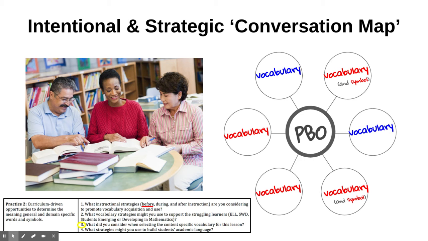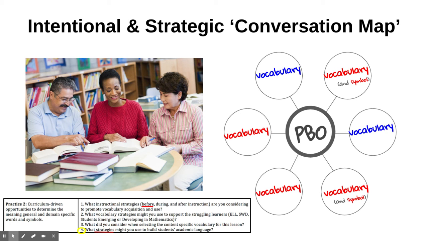We really have to look and see, is this a blue or red word? Are there other words that I might need to help students unpack? Are there words within the definitions that I'm providing that I need to help students unpack? Right? And we only learn that by the conversations that we're having with students around what the words mean. And then finally, but certainly not least, what strategies might I use to build students' academic language?